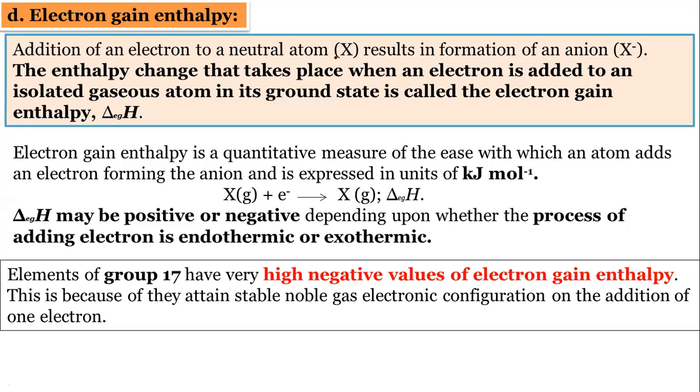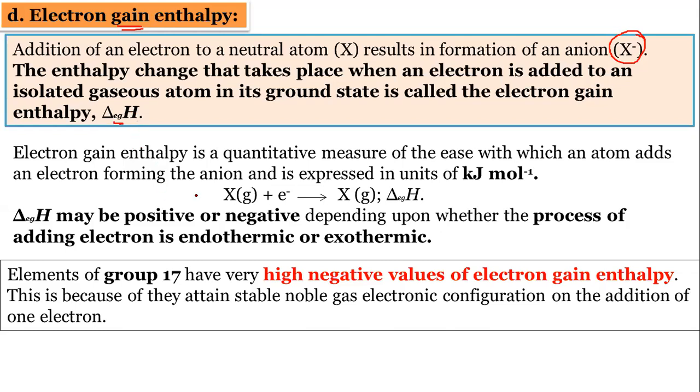Addition of an electron to a neutral atom results in the formation of X minus. In ionization energy we remove the electron, but here we are adding, gaining the electron. The enthalpy change when an electron is added to an isolated gaseous atom in its ground state is called electron gain enthalpy, denoted by delta Eg.